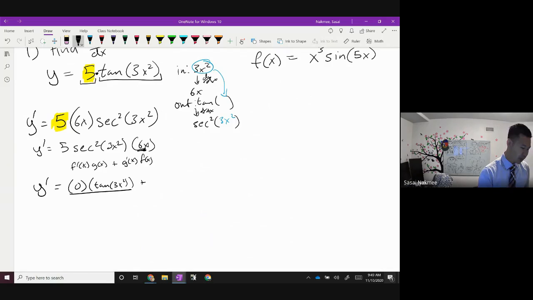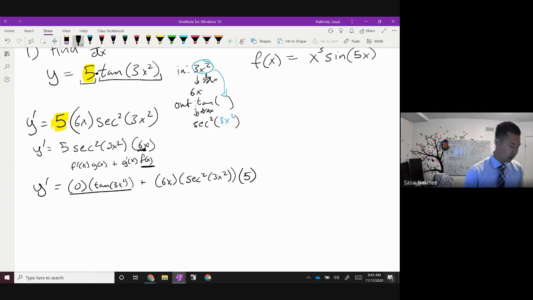Plus the derivative of the second. The derivative of the second, we found out to be equal to the derivative of the inside, which is 6x, times the derivative of the outside, which is secant squared of 3x squared. And then, of course, times the first function, which is 5. Like so. So this thing cancels out because it's multiplying by the 0.